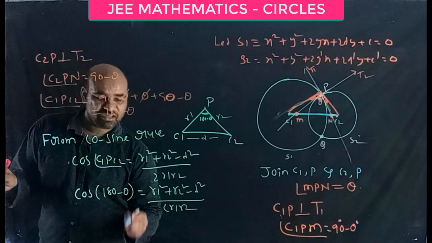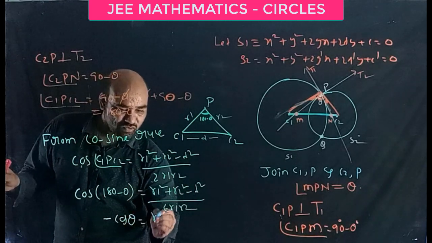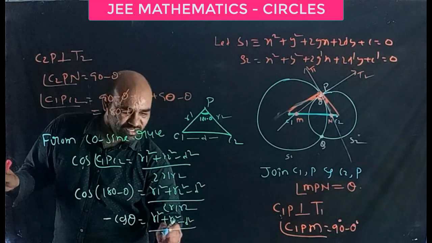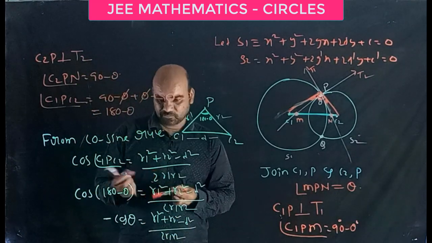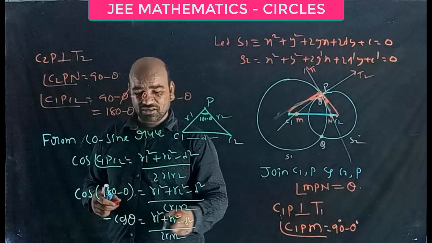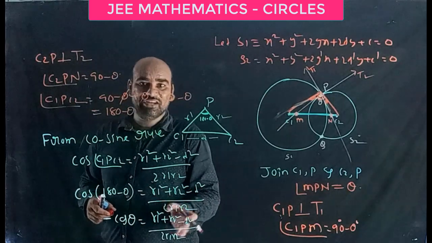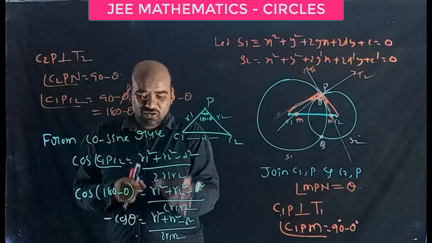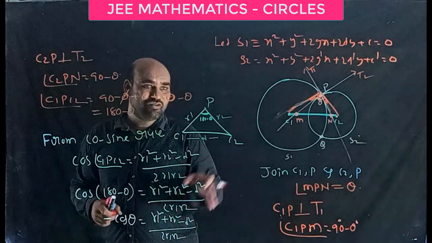Cos of 180 minus theta is minus cos theta, which equals R1 square plus R2 square minus D square by 2R1R2. But you want only cos theta, so cos theta is the negative of this. Don't think that the total value is negative. After substituting the values of R1, R2, D, we will get values that may be positive or negative. But what do you want? You want the acute angle.